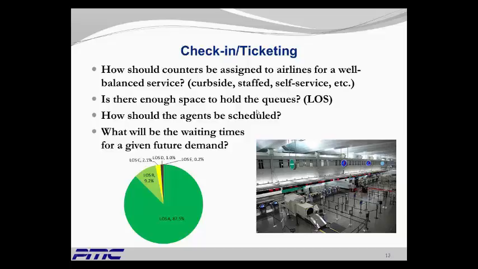And then will there be enough space to hold the queues? And how do you schedule the agents? And what will the waiting times be for a given future demand?